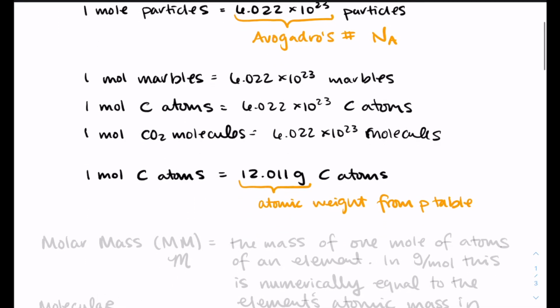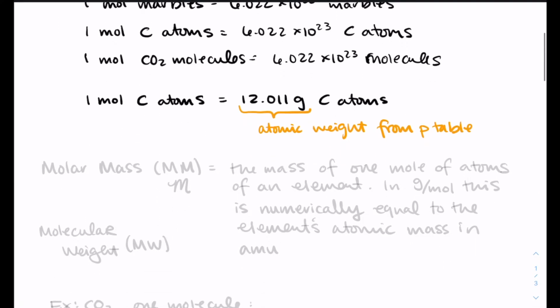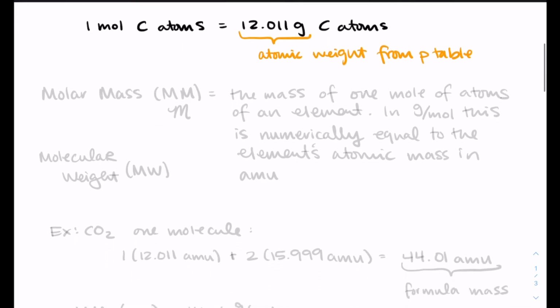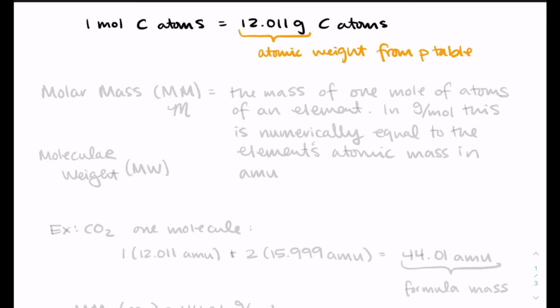When we scale this up to talking about other things, we'll refer to this as molar mass, or you might see molecular weight kind of used interchangeably. They both mean the same thing.